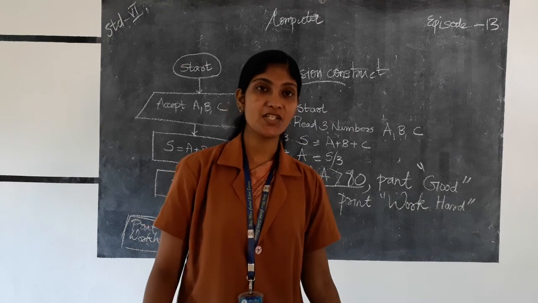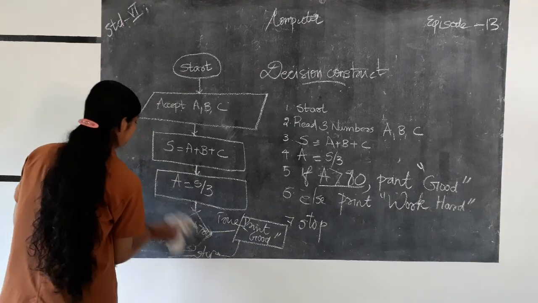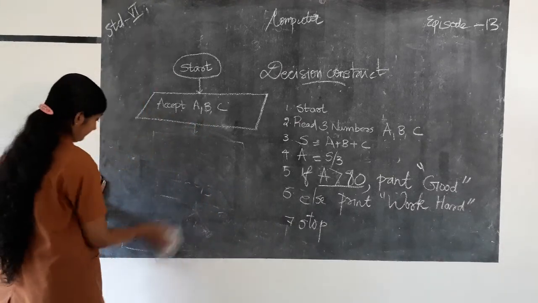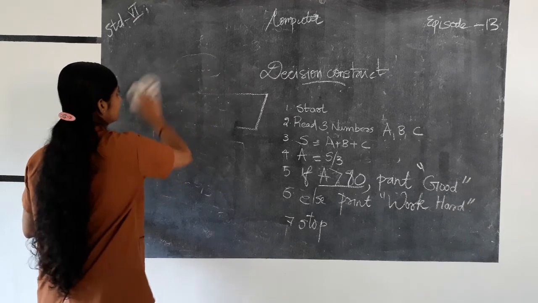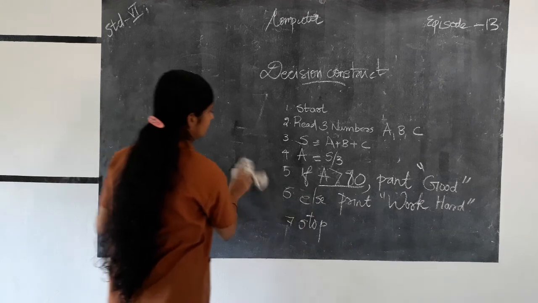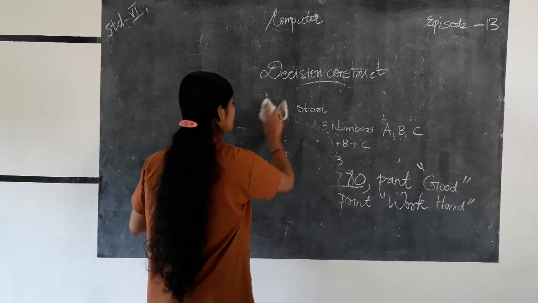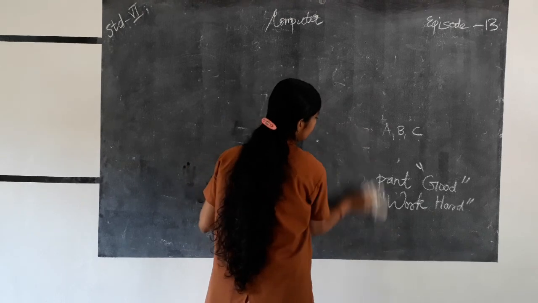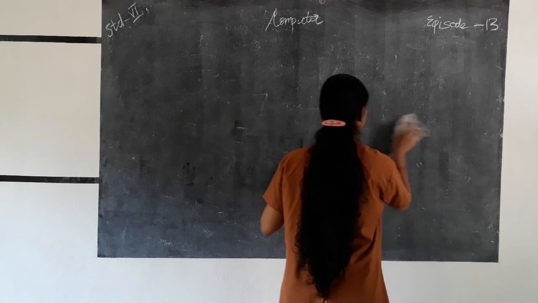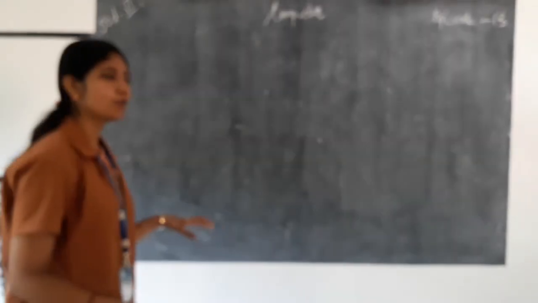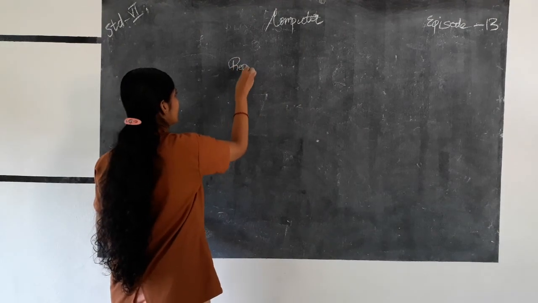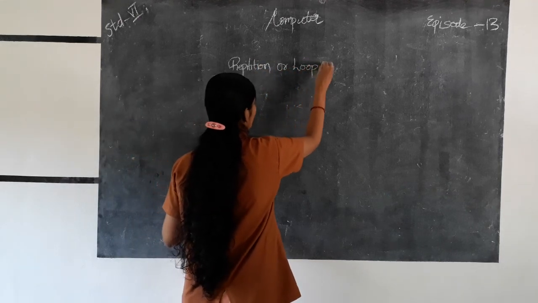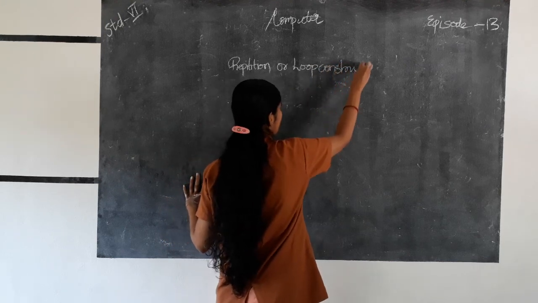Then next is the repetition or loop construct. Another type of construct is repetition or loop construct. What do we mean by repetition or loop?